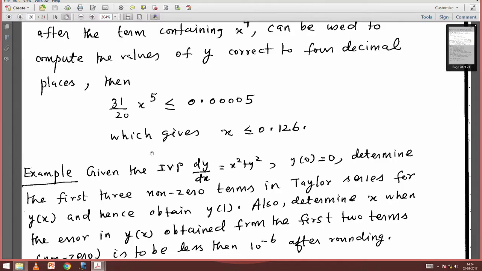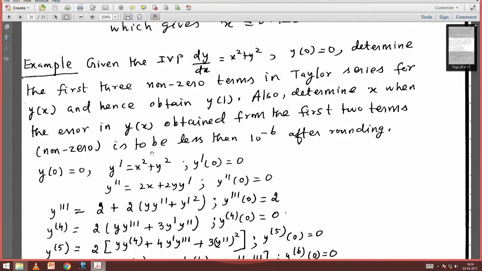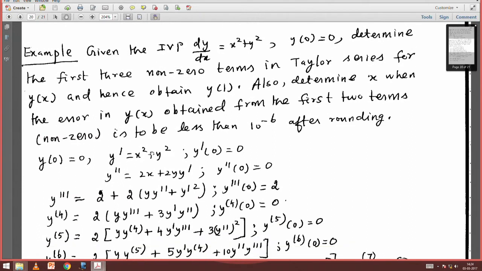So, let us now consider another example. Given this initial value problem, dy by dx is equal to x square plus y square, y of 0 is equal to 0, we determine the first non-zero terms in the Taylor series for y of x and hence also determine x when the error in y of x, obtained from the first 2 non-zero terms, should be less than 10 to the power of minus 6 after rounding.